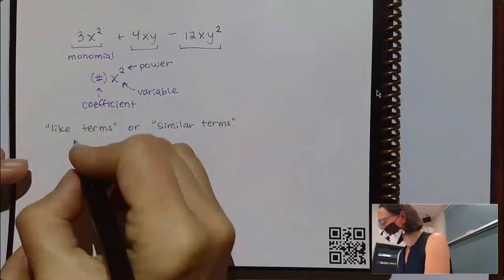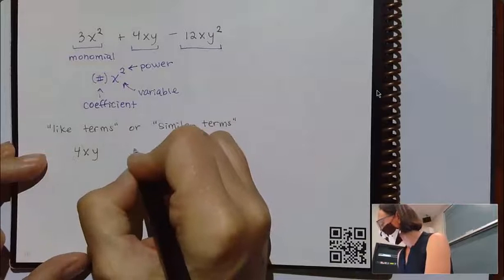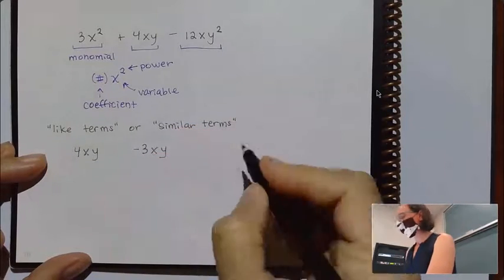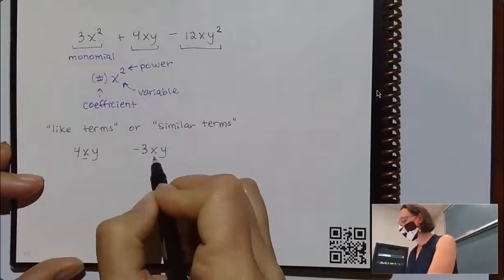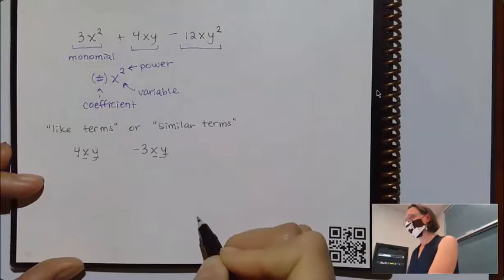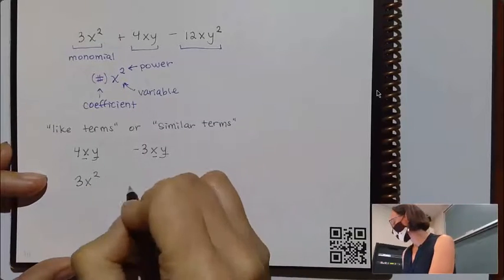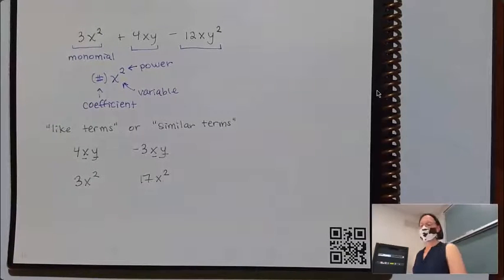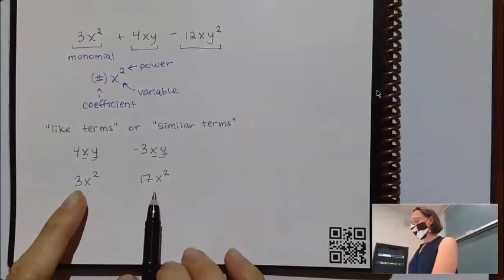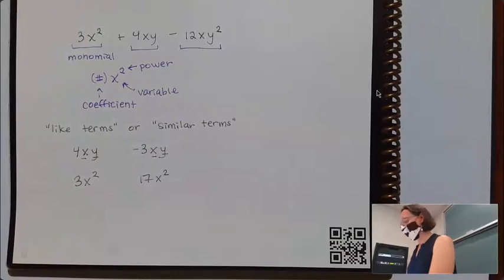For example, if I had 4xy and negative 3xy, these are like terms because they both have an x raised to the first power and a y raised to the first power. If I had 3x squared and 17x squared, these are like terms because they both have an x, and in both terms it's raised to the second power.